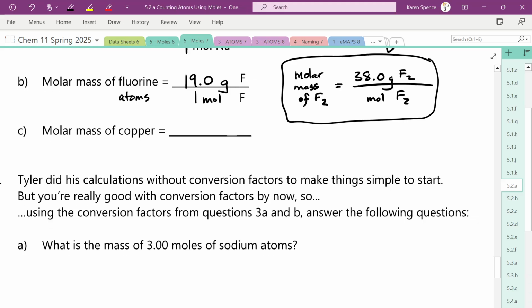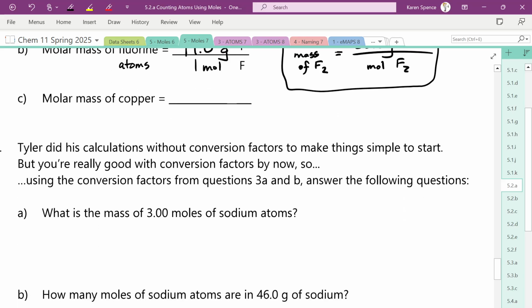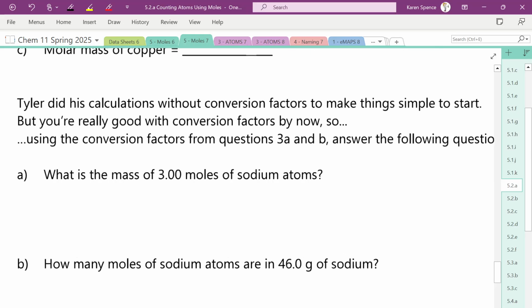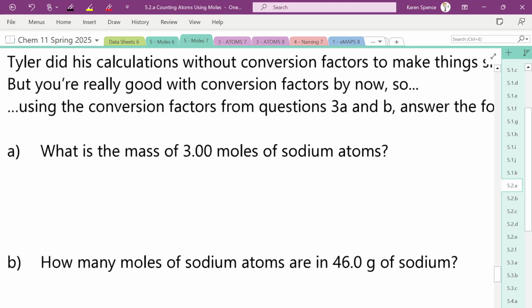Yes. Was that what you were going to ask earlier? Yes, no problem. What is the mass of 3 moles of sodium atoms? We're going to do this using conversion factors. So what is the mass? Mass is measured in grams. So we're going to say how many grams is 3.00 moles of Na atoms.